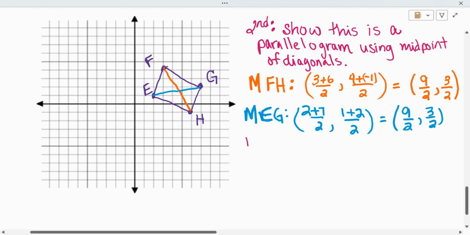We need to say that E, F, G, H is a parallelogram because, oops, I didn't mean for that to change colors, sorry.